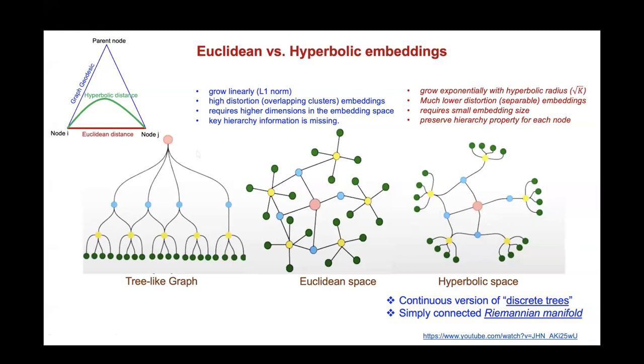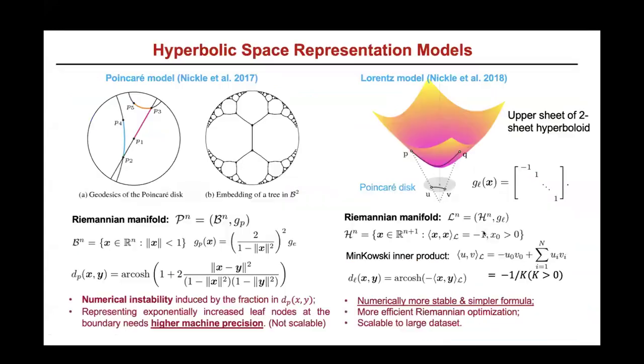So the important thing for us in studying brain networks is the hierarchical property. These are some of the fundamental mathematical formulas for hyperbolic space representation models. There are two very typical models for the hyperbolic manifold representation. One is the Poincare model, proposed at Meta in 2017 and 2018.